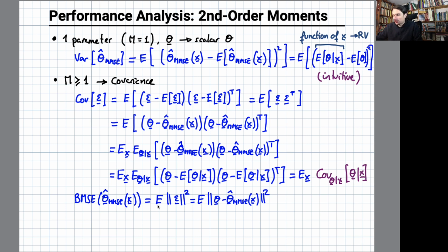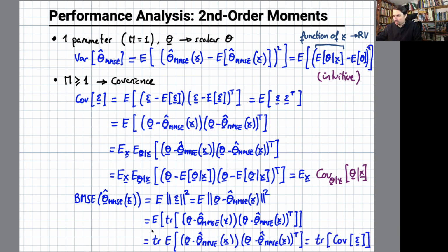The BMSE is, remember, the expectation of the squared norm of epsilon, and therefore it is given by this expectation, and by the properties of the trace and the Euclidean norm, this Euclidean norm can be written as the trace of the vector inside times its transpose. So this is a column and this is a row, therefore this product is a matrix, and the trace just adds the entries on the diagonal.